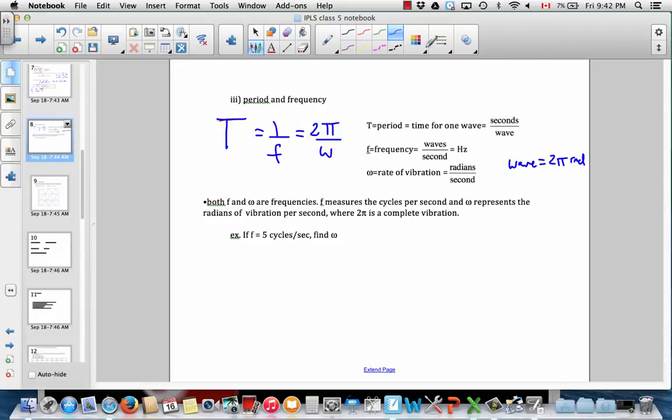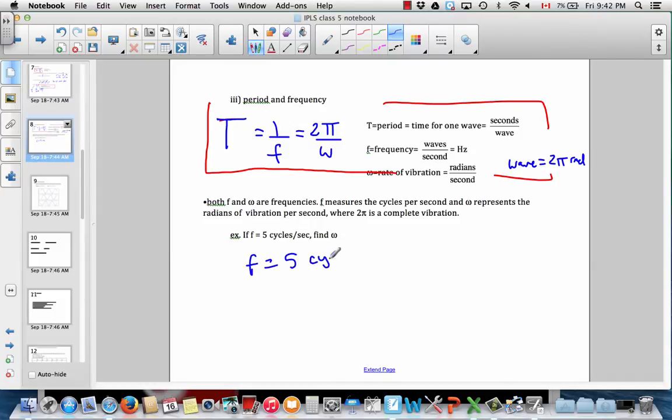we can convert from frequency to period and rate of vibration using this relationship here. So as a for instance, if our frequency is 5 cycles per second, if you want to find omega, you can just think of it as a unit conversion. So we're going to take 5 cycles per second, and then a wave cycle is 2 pi radians. So in this manner, we convert to radians per second.